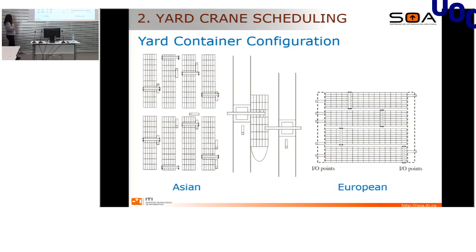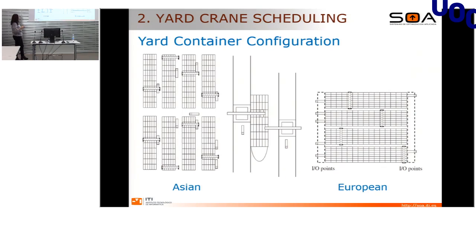The two possible configurations of a container yard are, on one hand, the Asian configuration and, on the other, the European. The main differences are how the blocks of containers are located in the yard. This is the Asian configuration, and this is the European.